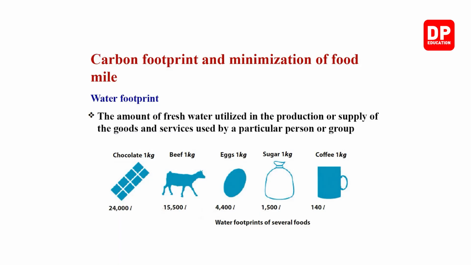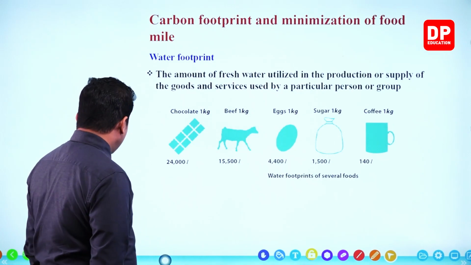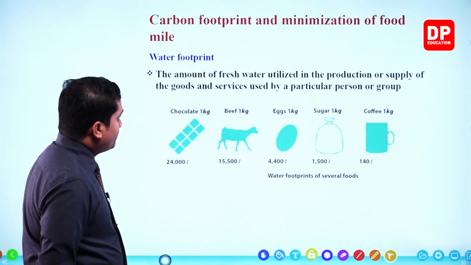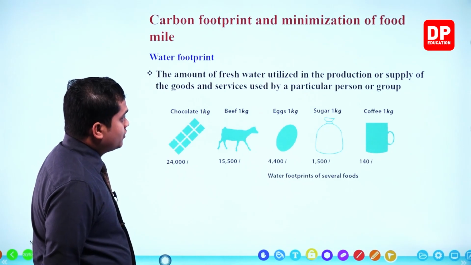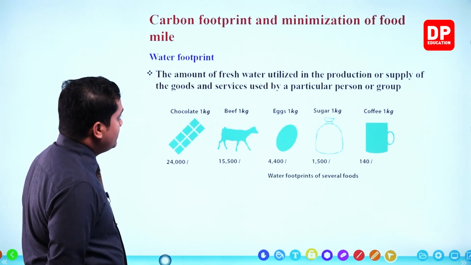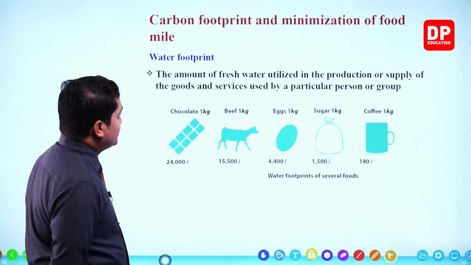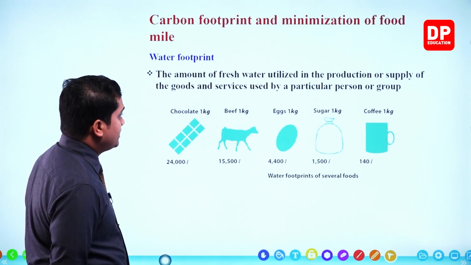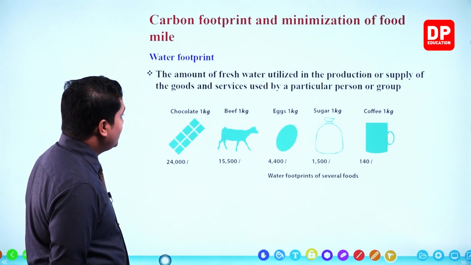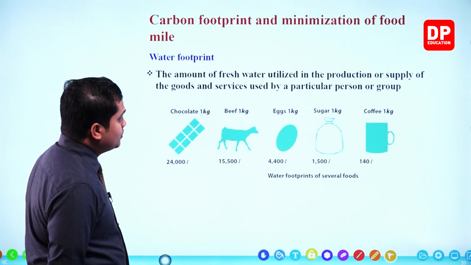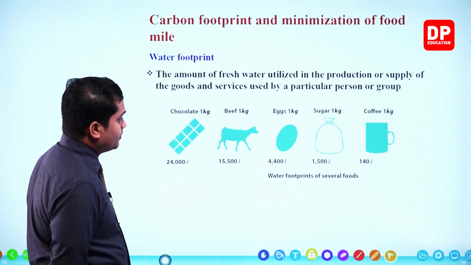Next one, my dear children, the water footprint. So we discussed the carbon footprint. Now it's time to discuss the next one, the water footprint. Here it is given: the amount of fresh water utilized in the production or supply of goods and services used by a particular person or group.